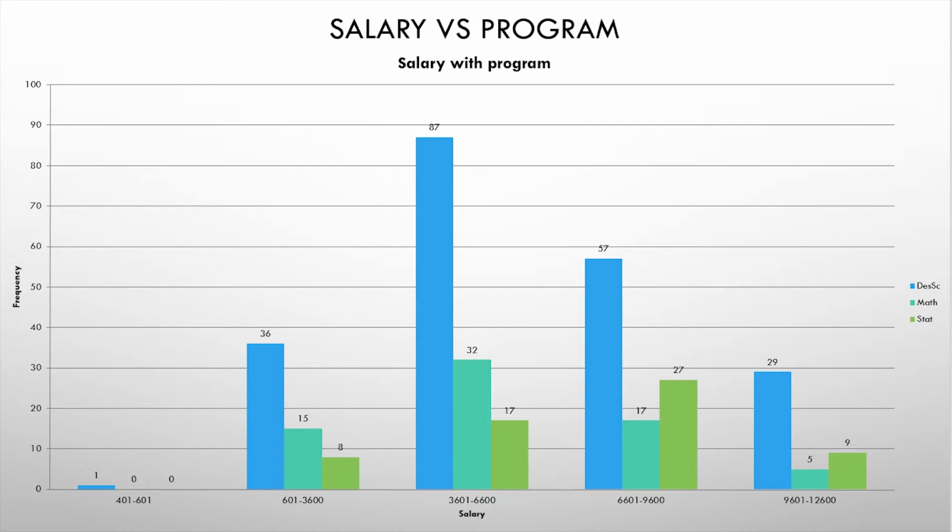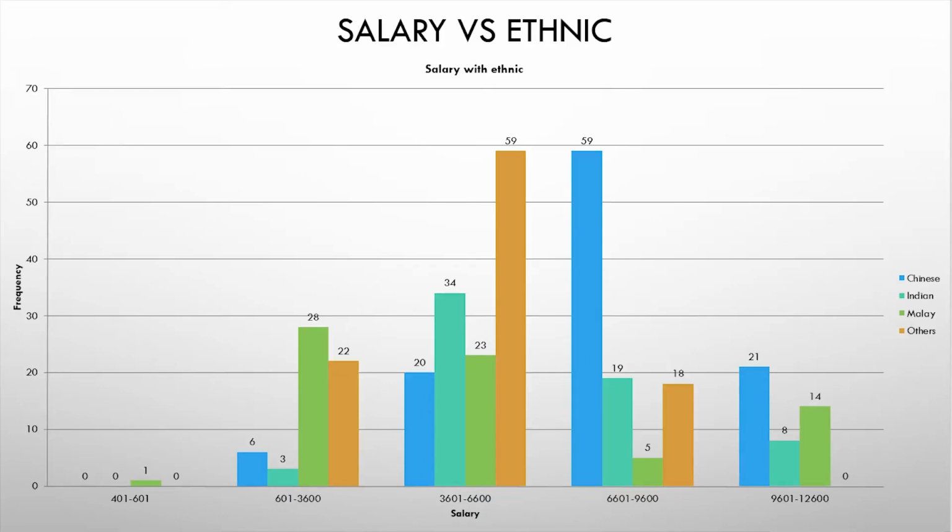To compare salary between programs, we use a bar chart. From the graph, we can see that the students who took the decision science program have high salary compared to students who took other programs. To compare salary and ethnic, we use a bar chart as well.